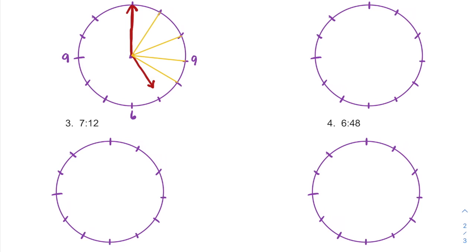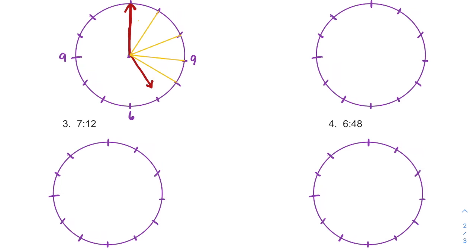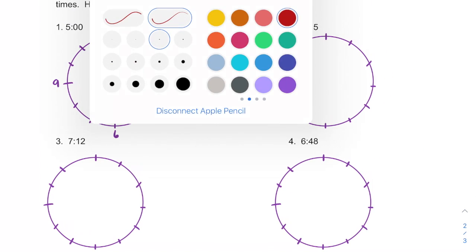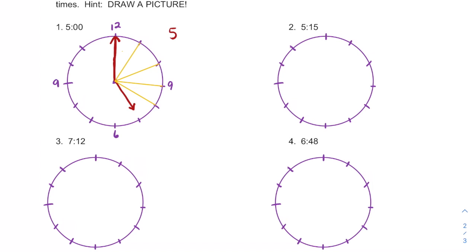And in this case, because both my hour and my minute hand are perfectly on the marks for the hours, I have 1, 2, 3, 4, 5 sections that are each 30 degrees. So that's going to make this 5 sections times 30 degrees. That means that these hands make a 150 degree angle. So that is part 1.